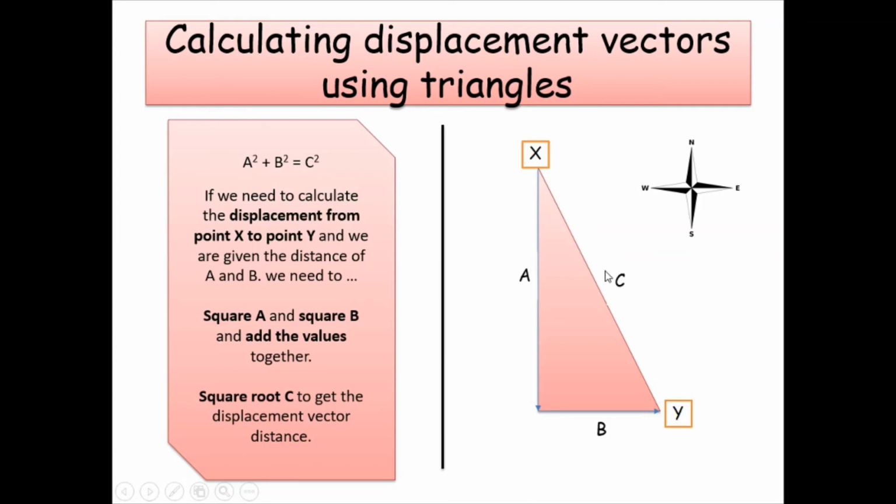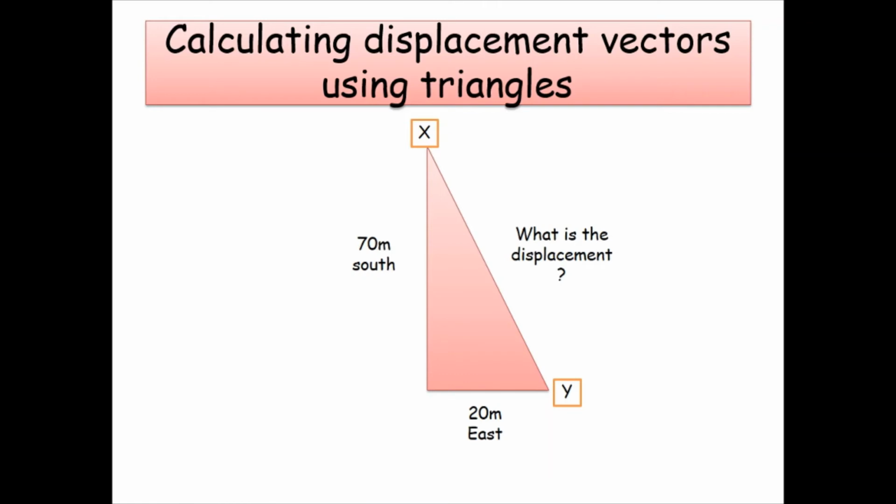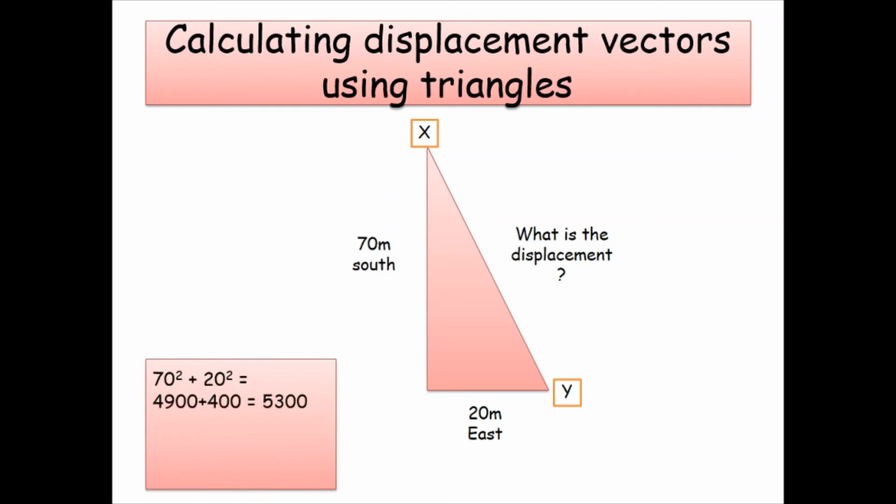Now the units are dependent on what you had for a and b, and then they'll be followed by a direction. Okay, let's work through an example. So if we're trying to work out the displacement from x to y, we would do 70 squared plus 20 squared, which gives us 5,300, and then we would square root that to work out the actual displacement.